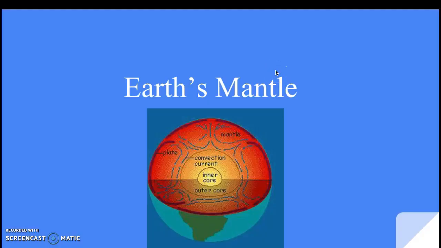Today, we're going to be talking about the second part of the Earth, called Earth's mantle. Here, you can see that we're going to be talking about this red part. This was the crust, the part that we can see, and now we're going to be talking about a more internal layer.